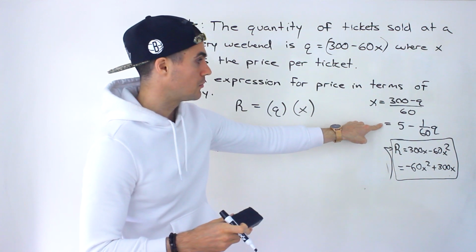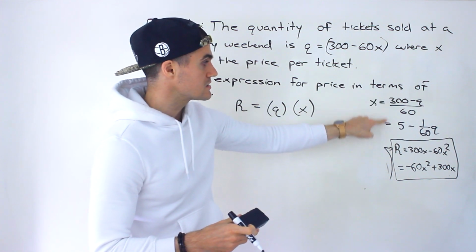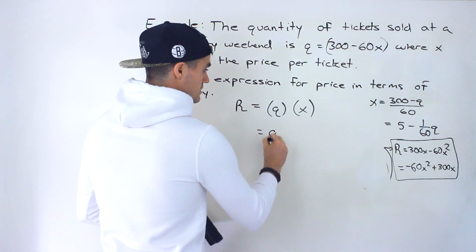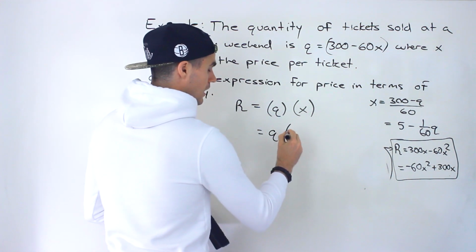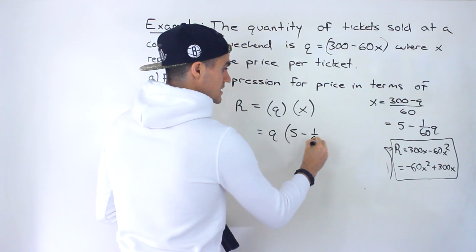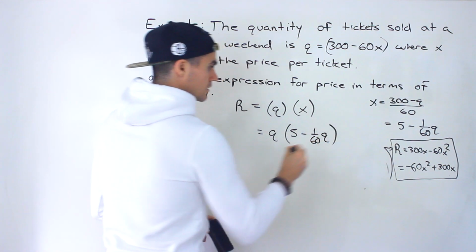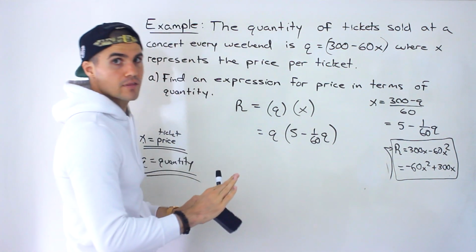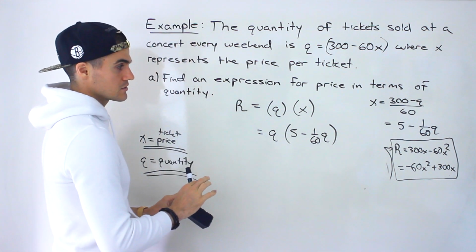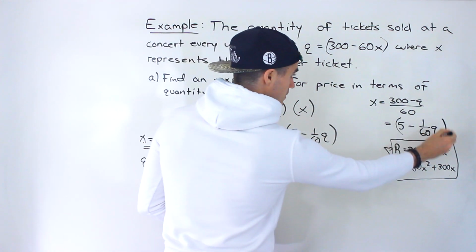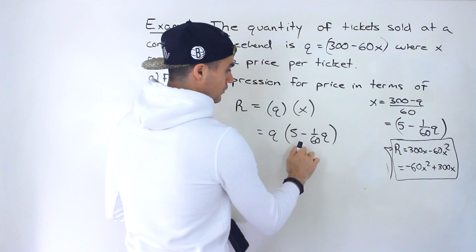Well, what we got in part A. Either of these, I'm going to sub in this one. That's why I wanted to get that other expression, because then we could expand it easier. 1 over 60 q. So notice now everything is in terms of the quantity. Everything is in terms of the q, right? I subbed in this for x over here.